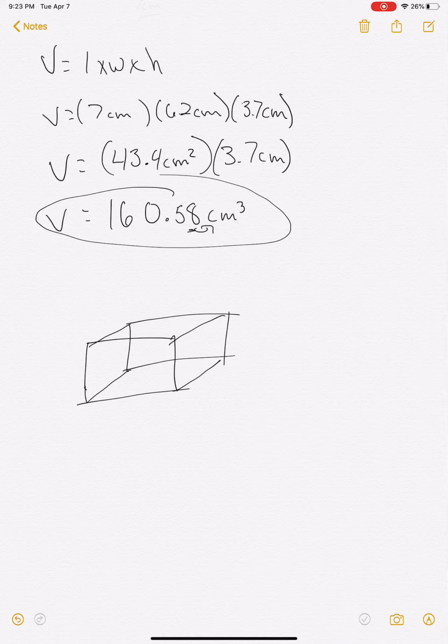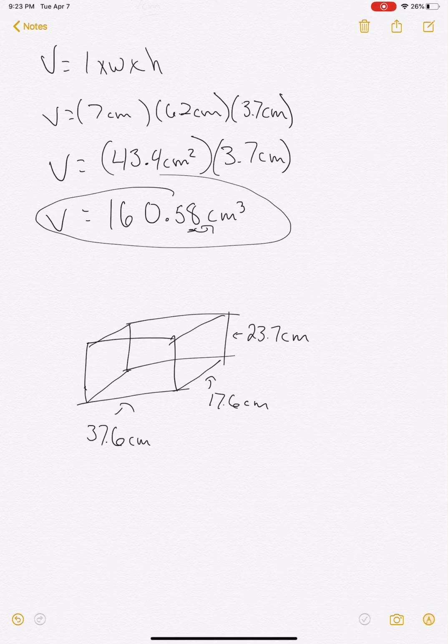So let's say our height is 23.7 centimeters. Our width of our prism is 17.6 centimeters, and our length is 37.6 centimeters.